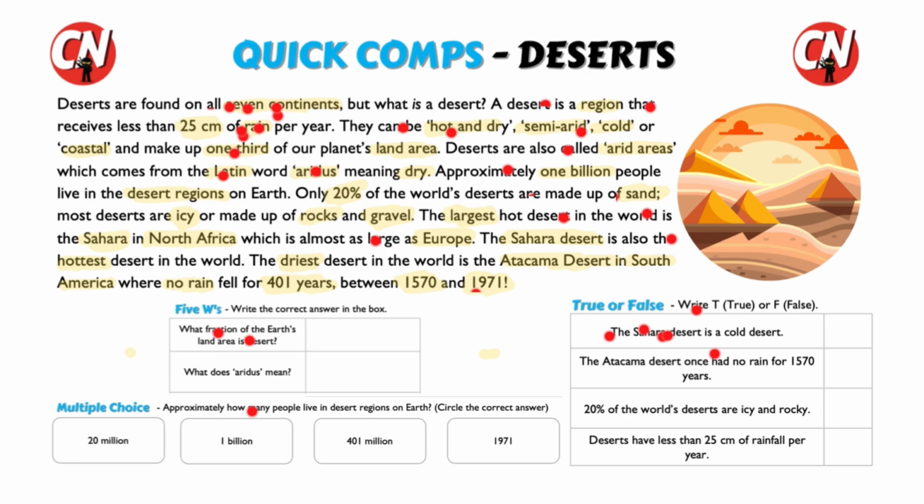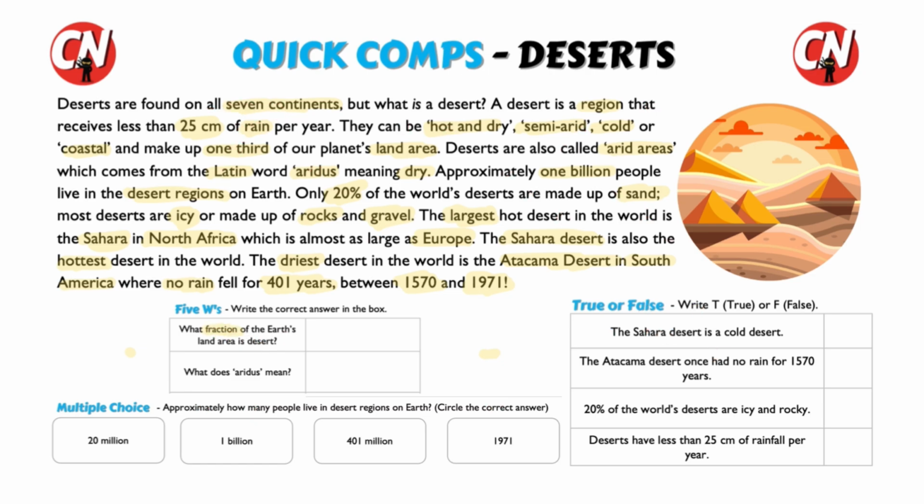If we look at the first question here, we're going to work through these 5 W's questions. A lot of these are very similar to SATs. We've got multiple choice, true or false, and just general retrieval questions. What fraction of the Earth's land area is desert? The key bit of information is probably that clue of fraction.